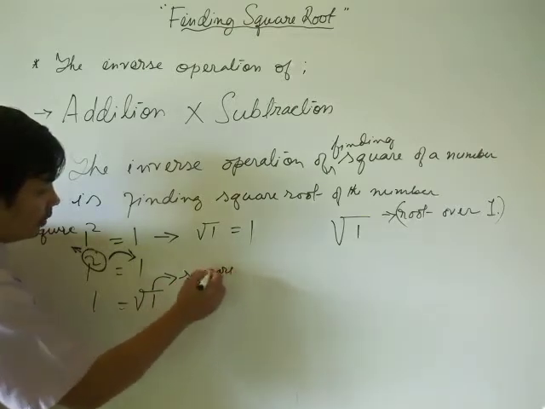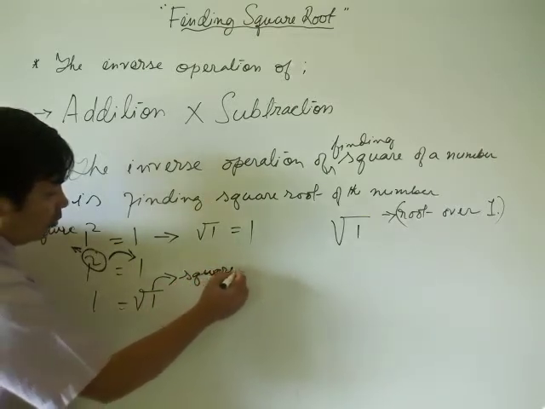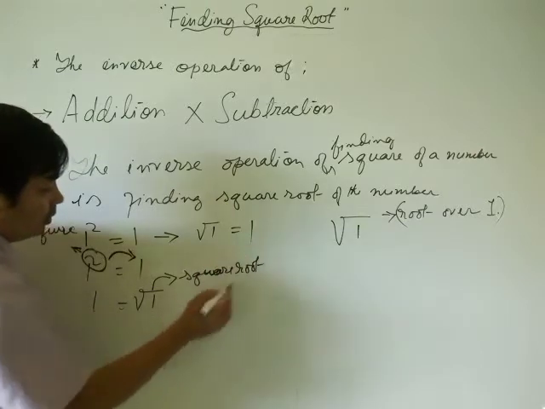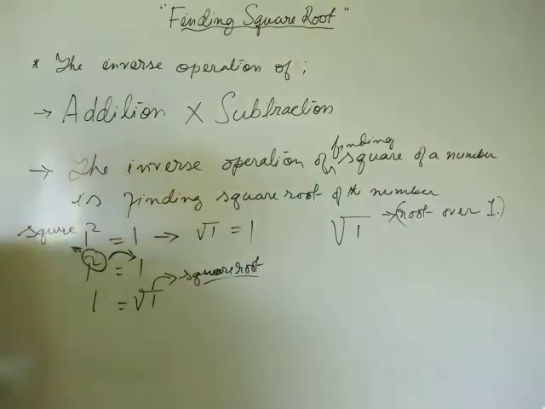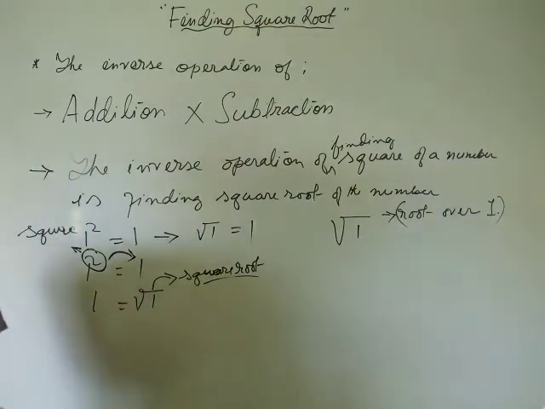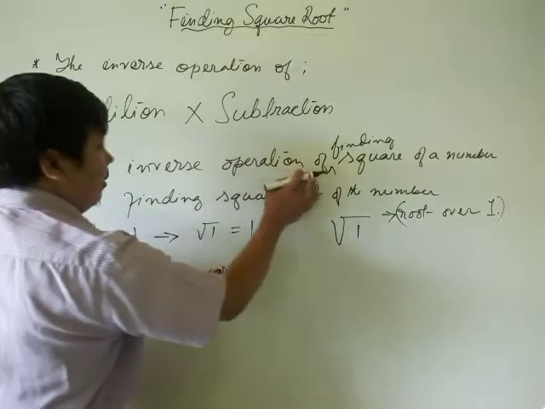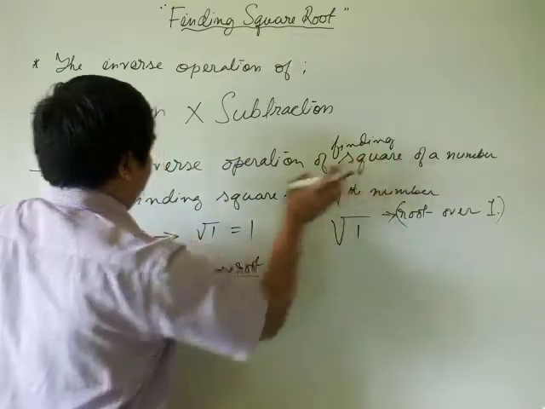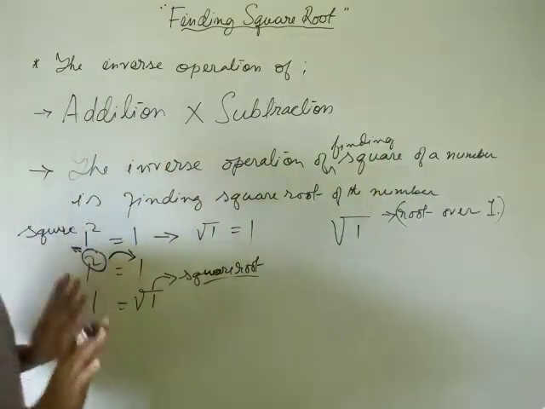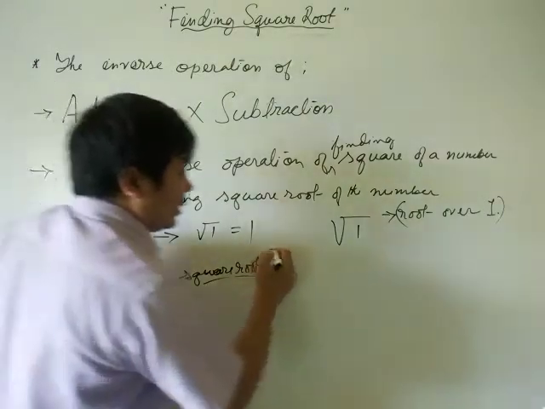It is called square root. Because of this, the inverse operation of finding the square of a number is finding the square root of the other number. So let us see some more examples here.